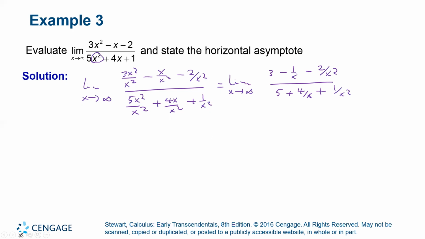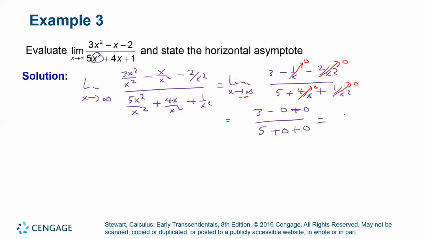Now what will happen is that if x goes to infinity, this goes to 0, and that goes to 0 even faster. This term goes to 0, and that also goes to 0. And so the answer is 3 minus 0 minus 0, over 5 plus 0 plus 0.